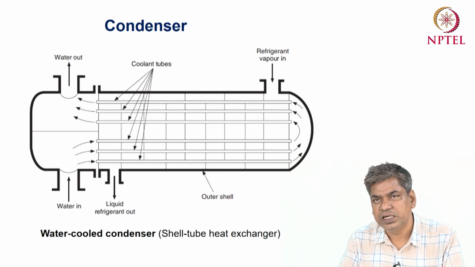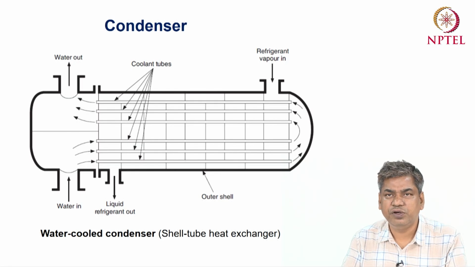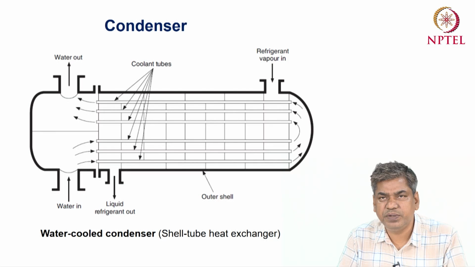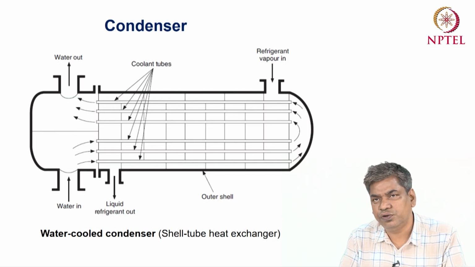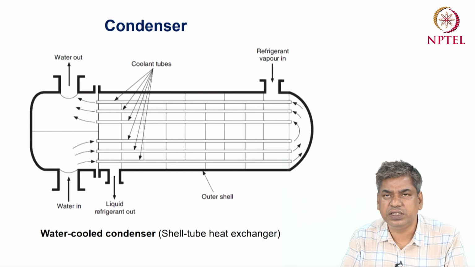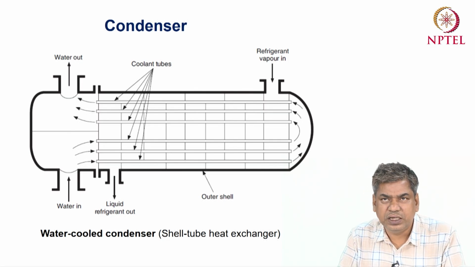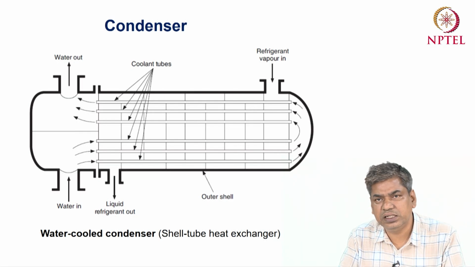One fluid flows inside the tubes and another fluid flows outside the tubes, inside the shell. In this case, baffles can be used on the shell side to get a zigzag flow, which improves the heat transfer on the shell side. In general the refrigerant flows inside the shell, outside the tubes, and the water flows inside the tubes.